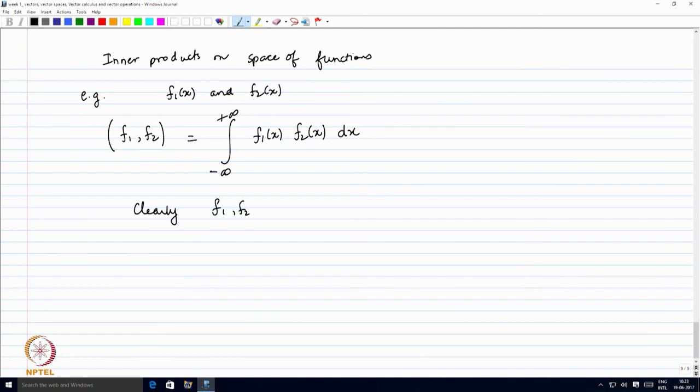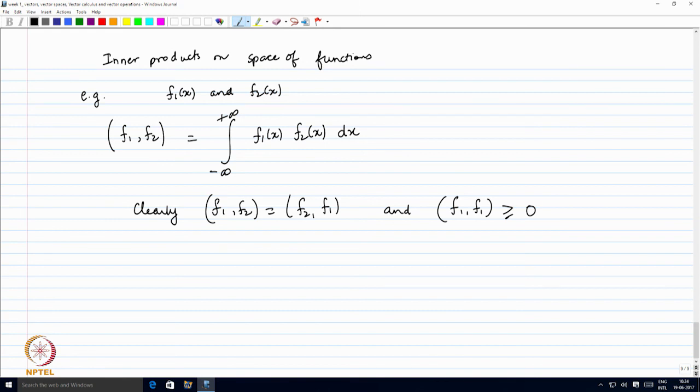f1 comma f2 equal to f2 comma f1, and f1 comma f1 is greater than or equal to 0, because f1 comma f1 will give you f1 squared, and the square of any number has to be greater than or equal to 0. And so, the integral of the square of a function has to be greater than or equal to 0. So, you can also define inner products on these infinite dimensional spaces.